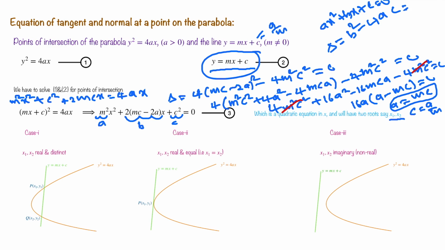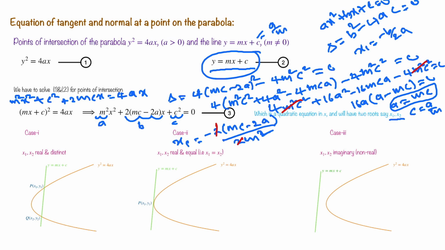When the discriminant is 0, the real and equal root is minus b by 2a. So x1 is minus b, that is minus 2 times (mc minus 2a), divided by 2m squared. This 2 cancels.